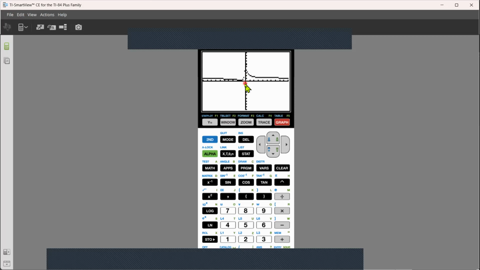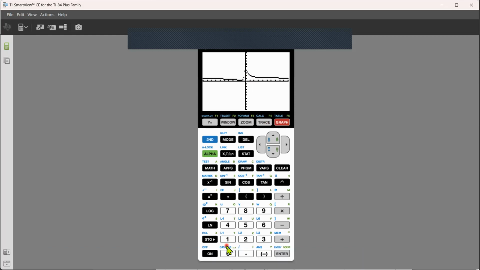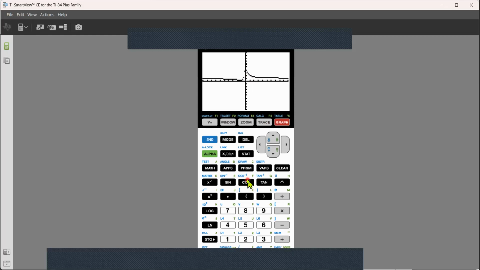The calculator sometimes with more complex absolute value graphs can get a little funky with stuff. Okay, so just something to be aware of when you're doing it. All right. So that's how you graph absolute value.